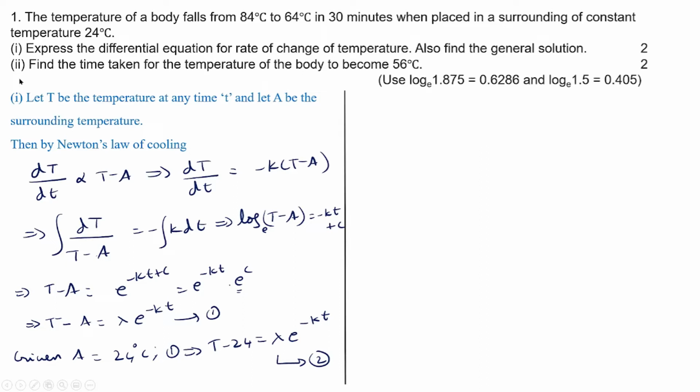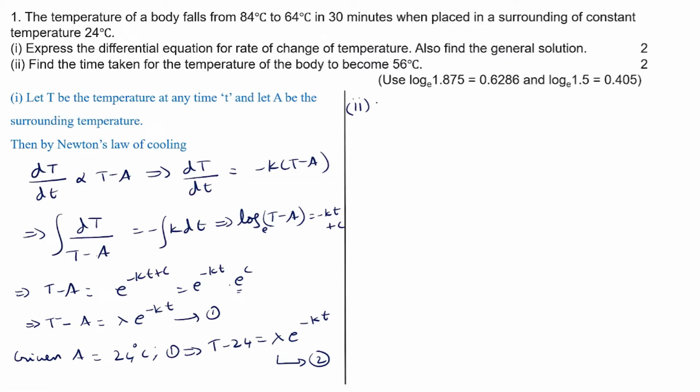And now moving on to the second subdivision. Find the time taken for the temperature of the body to become 56 degrees Celsius. Now before this, let us find other values. Here it is given the temperature of a body falls from 84 degrees Celsius to 64 degrees Celsius in 30 minutes.